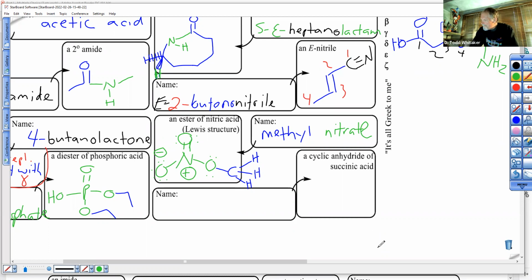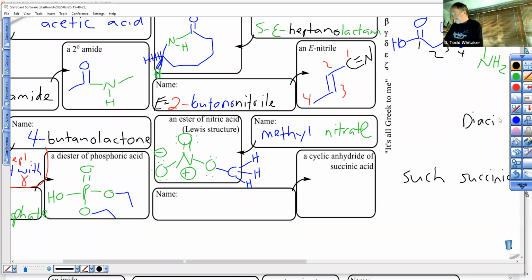So if you see something like succinic acid, then you got to think such. These are the diacids. But this is our lecture instead. The expression goes, oh my such.